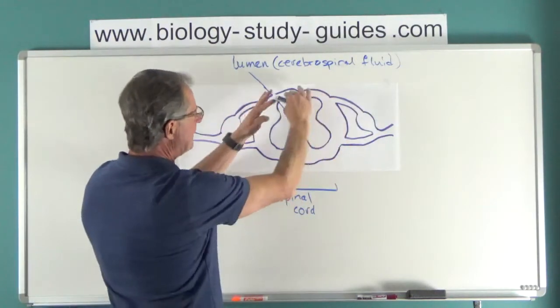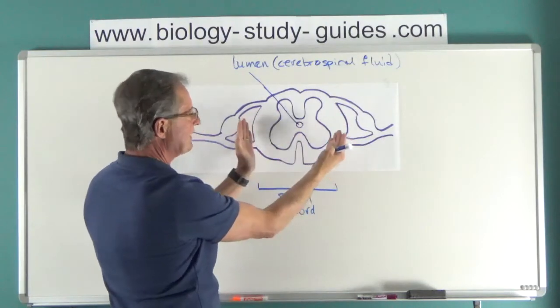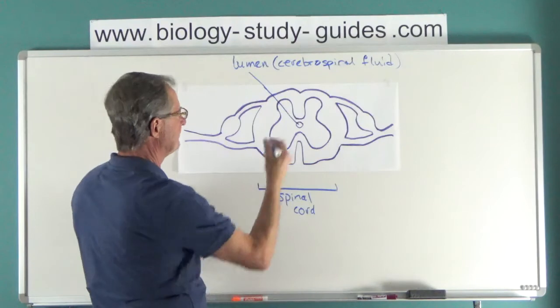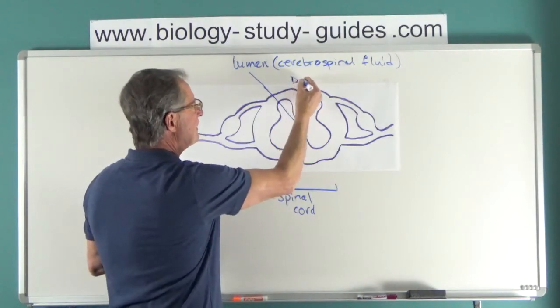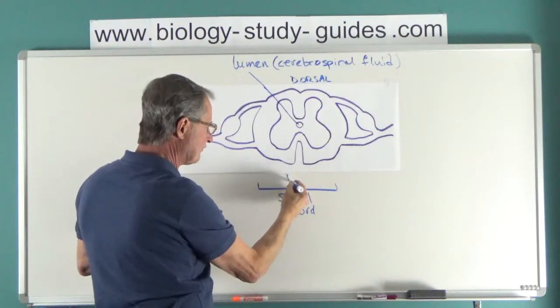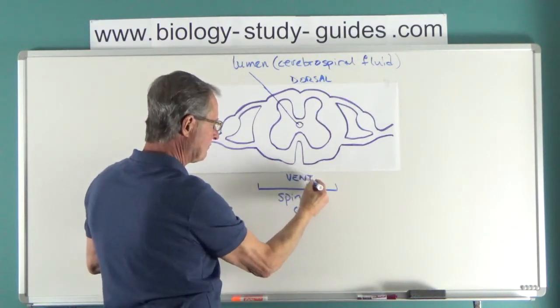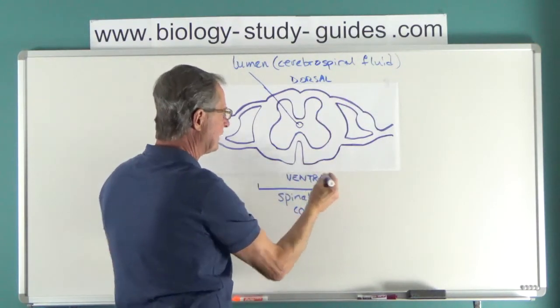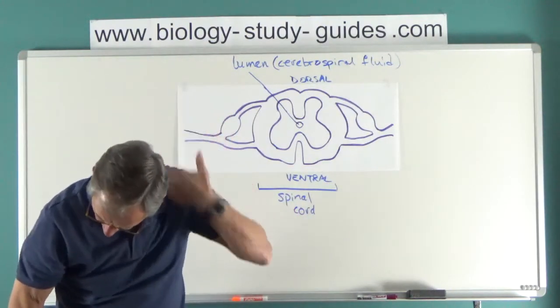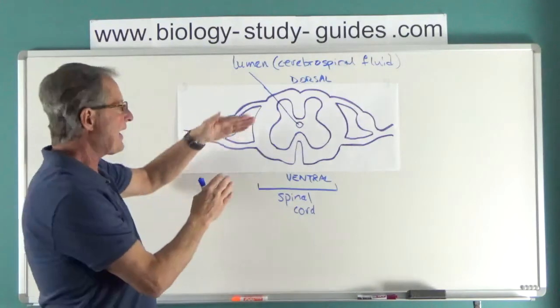This is the spinal cord. You can see it has a right side and a left side. This is the dorsal surface up here. This is the ventral surface here. Now, to give you the orientation, you just look and you imagine a severed spinal cord.